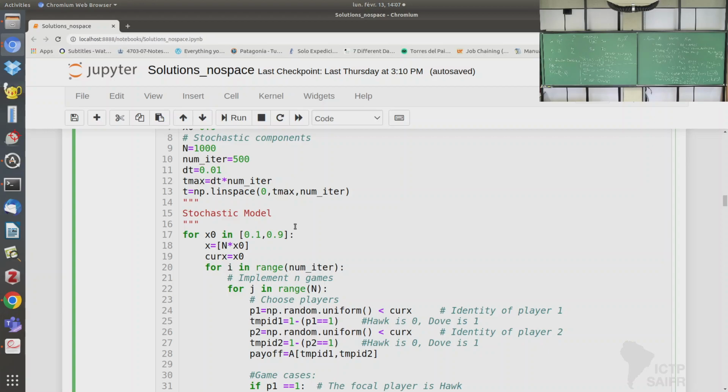So, for example, in the hawk and dove game, if the hawk dies, is it always a dove that replaces his position, or do I just draw at random? So the focal player is the focal player, right? And then you already drew at random the position that is going to be whatever player three is, right? And so then you do exactly the same thing.